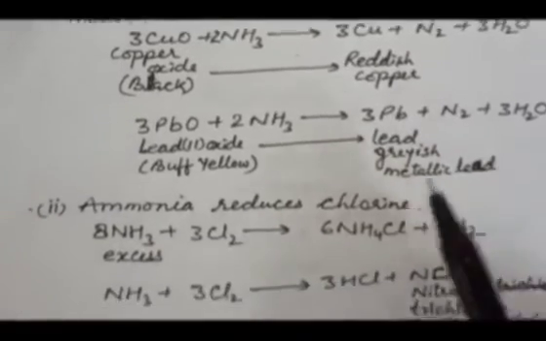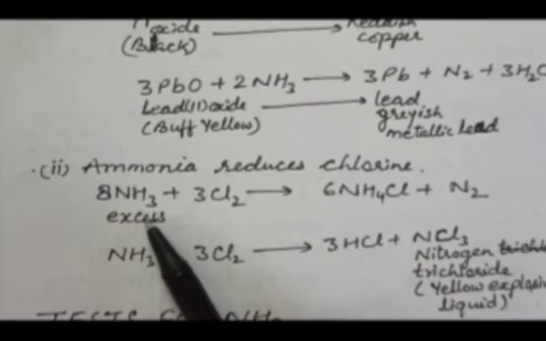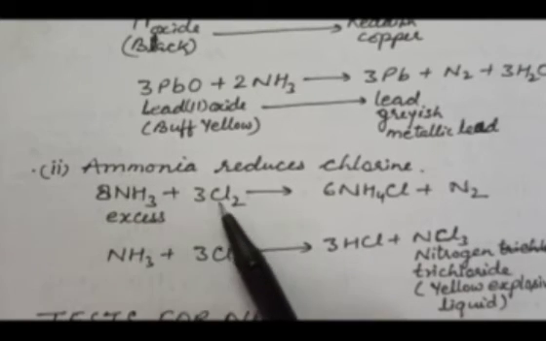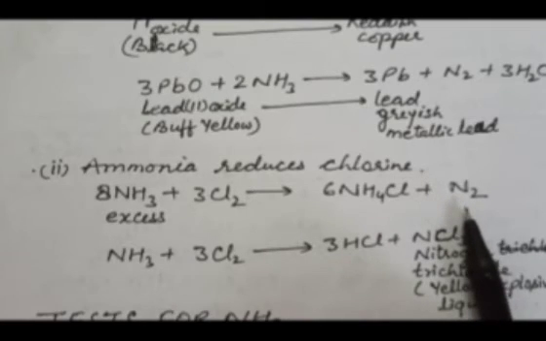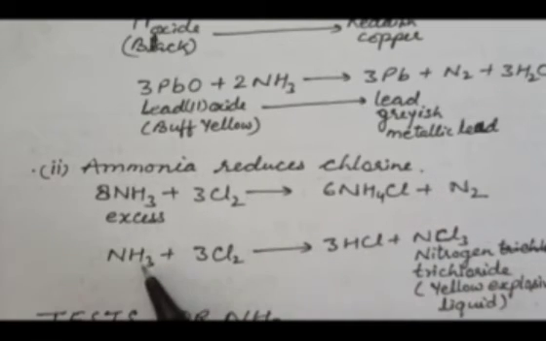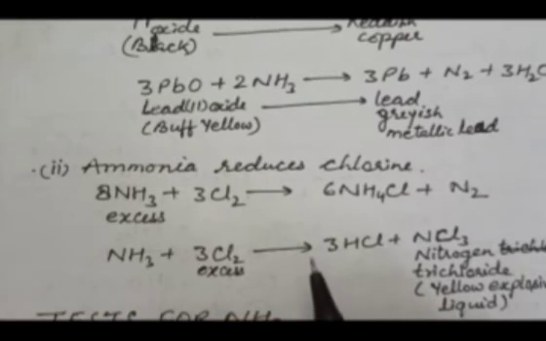Next, ammonia also reduces chlorine. When excess ammonia reacts with chlorine, it gives ammonium chloride and nitrogen gas. But when ammonia reacts with excess chlorine, you get hydrochloric acid and nitrogen trichloride.